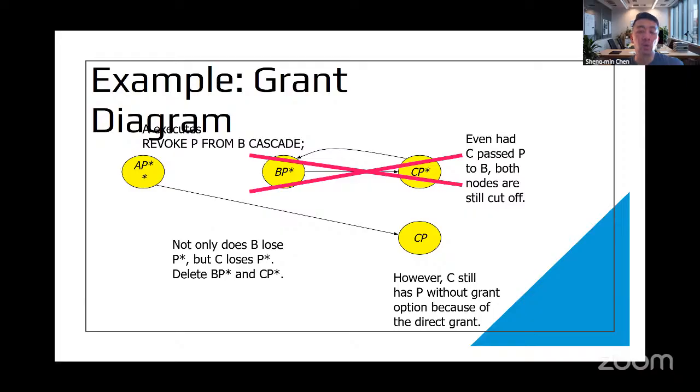What would happen if this did get executed is that Chris, because his access level was granted by Billy, if you revoked Billy's access level and the grant options, Chris's access and granting options are automatically going to be revoked as well.